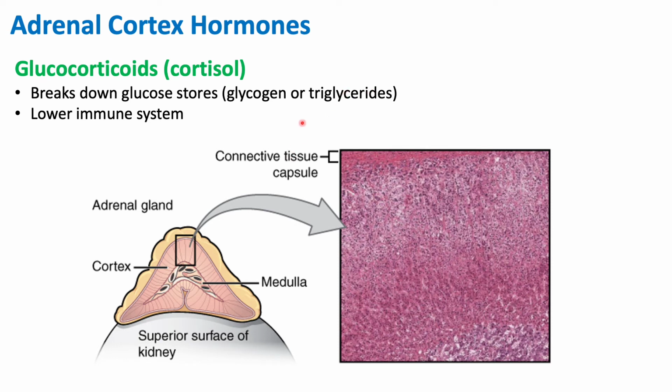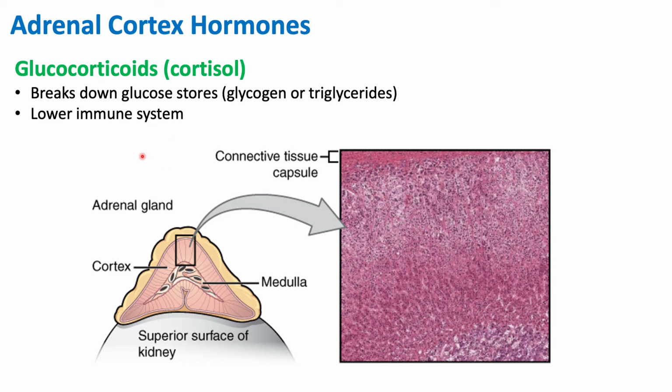The glycerol will undergo a series of steps and then be fed into glycolysis, whereas the fatty acids will undergo beta oxidation to produce acetyl-CoA, which will then undergo the TCA cycle. So essentially, the glucocorticoids help us to generate energy that can be utilized by our body. But interestingly, glucocorticoids also have another function, which is lowering our immune system. And you may wonder how this applies. Why do we want to lower our immune system?